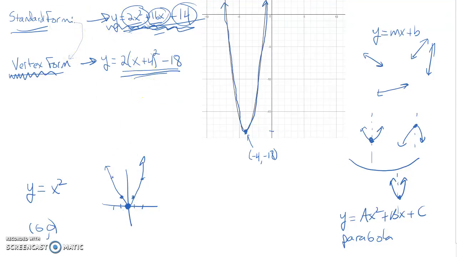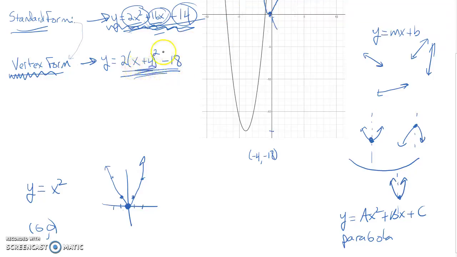We did some work earlier this semester where we shifted graphs around. I'll just point out that if I have this blue graph and it's way up here, that would be kind of like where the vertex is at 0, 0. And then this is saying shifted 4 to the left and 18 down. If it's in vertex form, we can look at this as shifts.